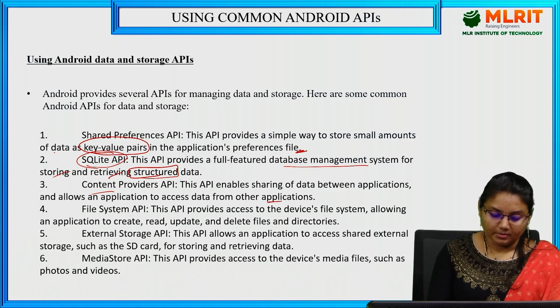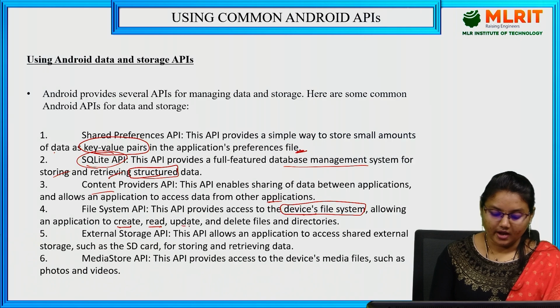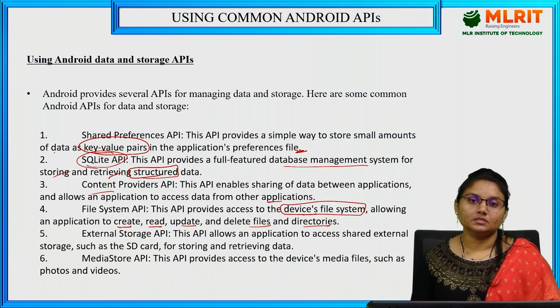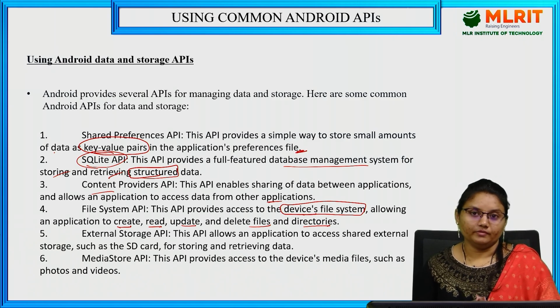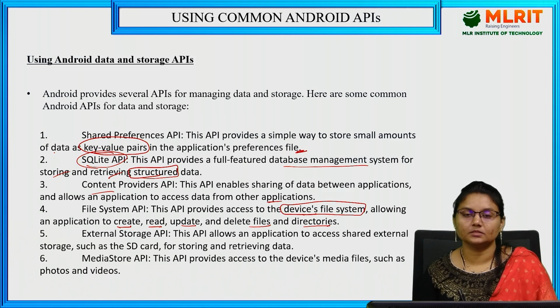File system API provides access to the device's file system, which allows the application to create, read, update, and delete files and directories. The best example for this is the file system in Windows, where we use the FAT file system, NTFS file system and so on.